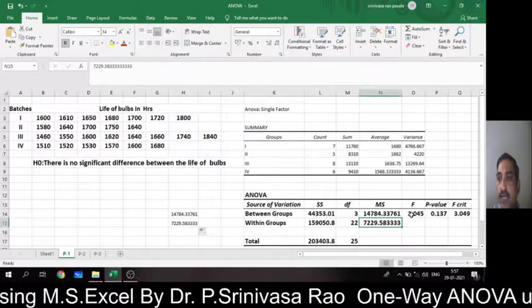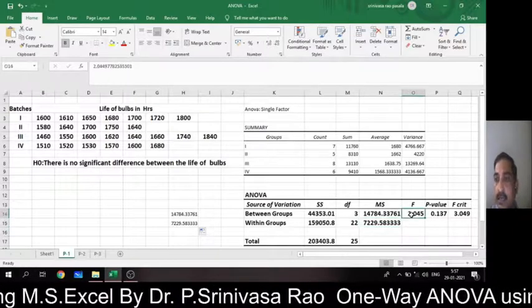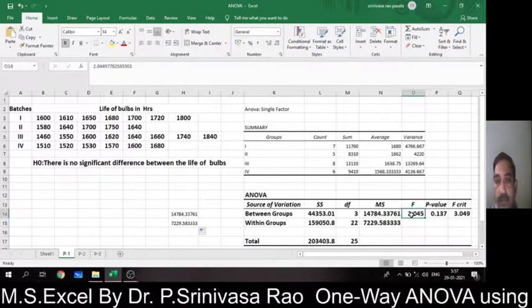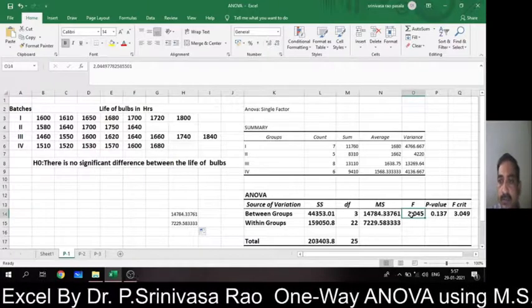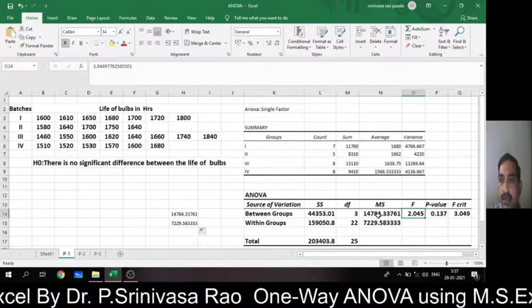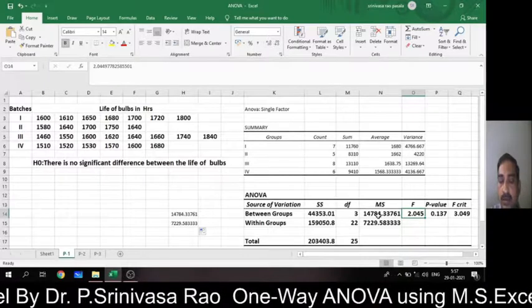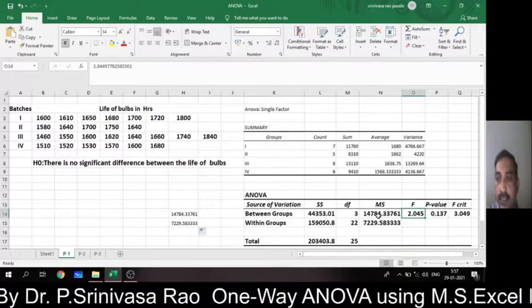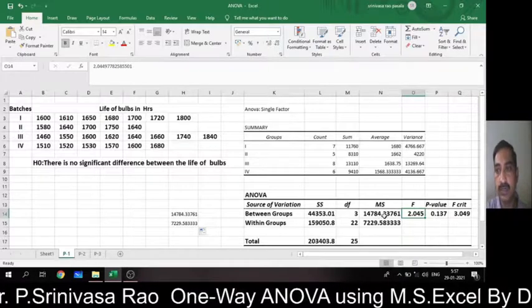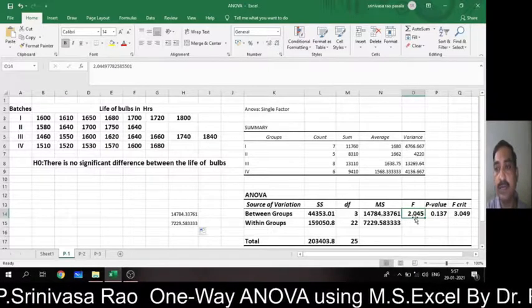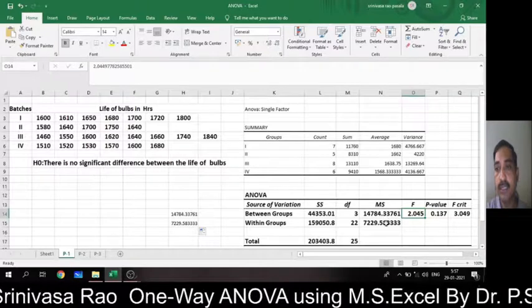And the critical value: this is the F calculated value, or variance ratio. It is defined as the treatment mean sum of squares divided by the error mean sum of squares. So we are getting 2.045, this value by this value.